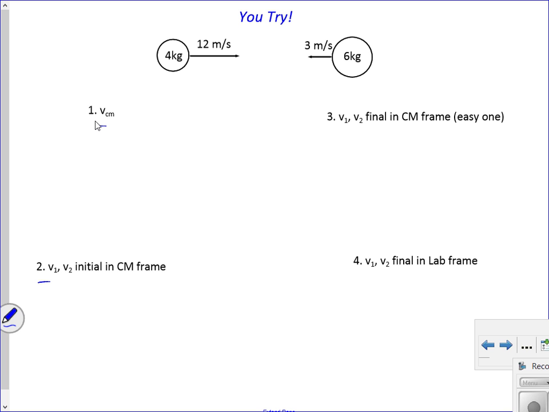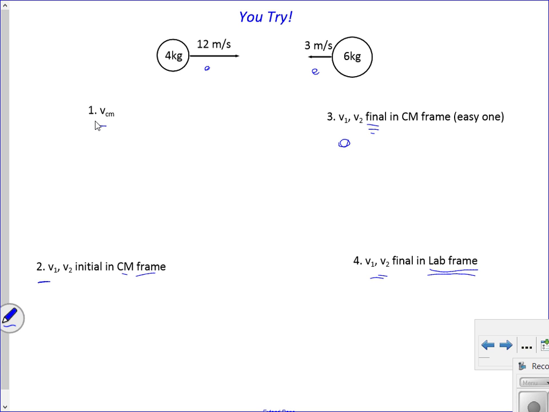Translate these two velocities into what they are in the center of mass frame. This is the easy one. Find what their velocities are after the interaction in that frame. That's the easy one. And then another tricky one is translate these two final velocities back to what we call the lab frame, what a stationary observer would see.